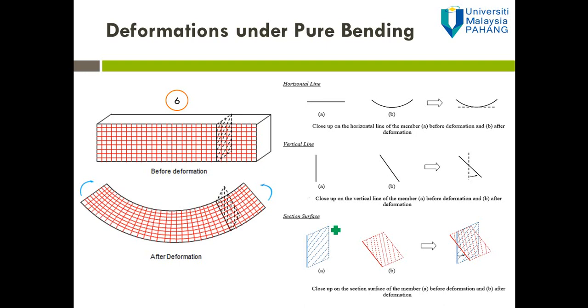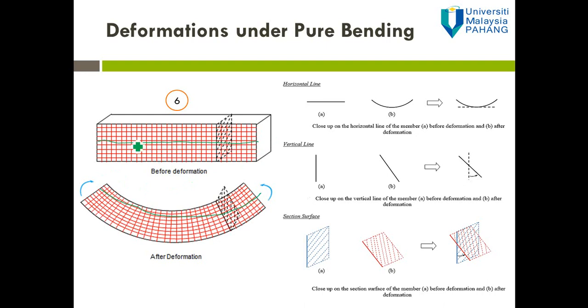As I mentioned previously, under pure bending the beam will bend uniformly. This is clearly shown by the red horizontal line in picture 6. Let's say we take out one horizontal line, this is before deformation, and the other one is after deformation. Sorry for my writing, it's not good.